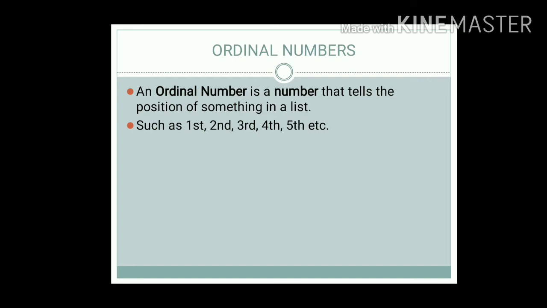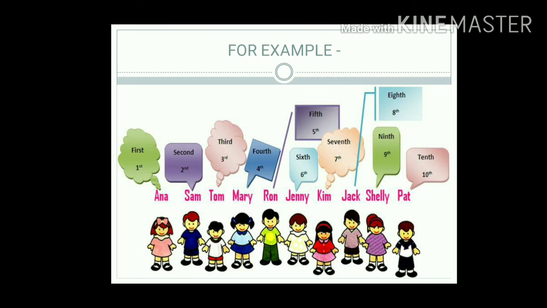Such as first, second, third, fourth, fifth. For example, can you recall when you take part in a race or any sport, children run fast so that they come first, and the next one comes second, third, and so on.